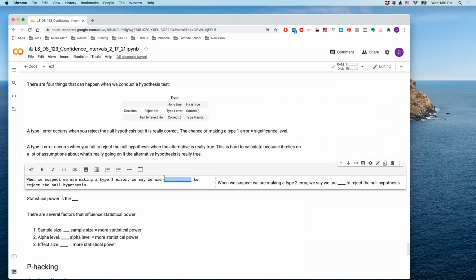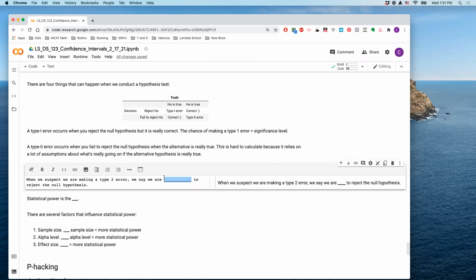What's really important with type 2 errors is how they relate to a concept called power. A type 2 error is failing to reject the null hypothesis when you should. Power is the ability to reject the null hypothesis when you should.